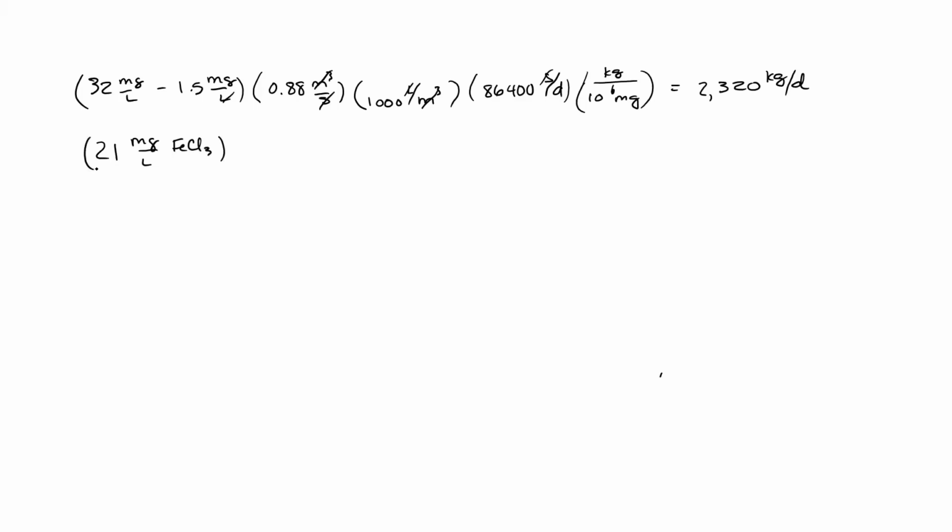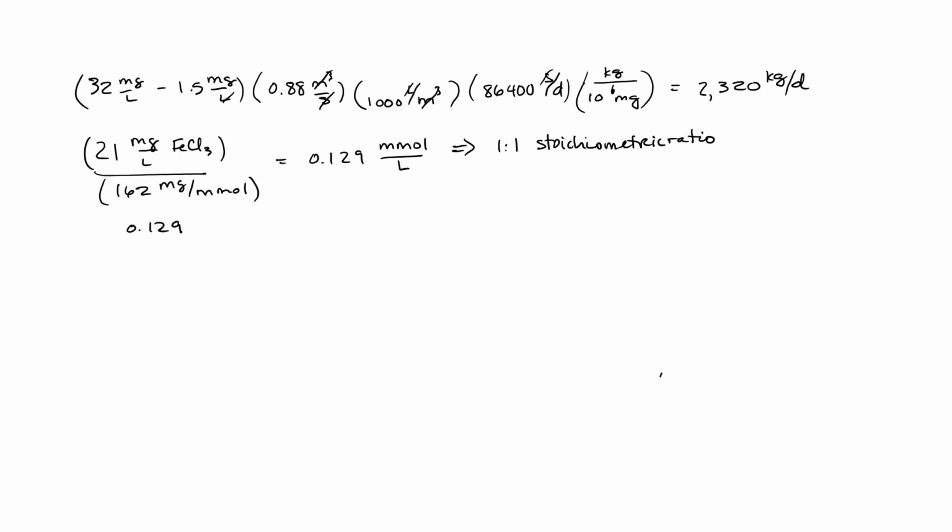Now, we said that we had 21 milligrams per liter of ferric chloride that we're adding. We need to determine the amount of ferric hydroxide sludge that's produced. We can divide that by the molecular weight, and that is equal to 0.129 millimoles per liter. So we get a 1-to-1 stoichiometric ratio. So we take 0.129 millimoles per liter. Now that is the ferric hydroxide. Remember, we have 3 waters of hydration.